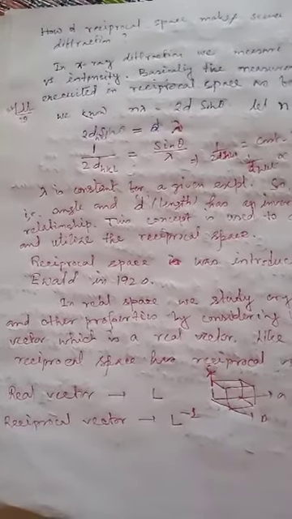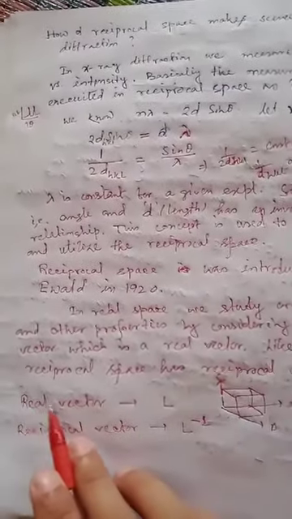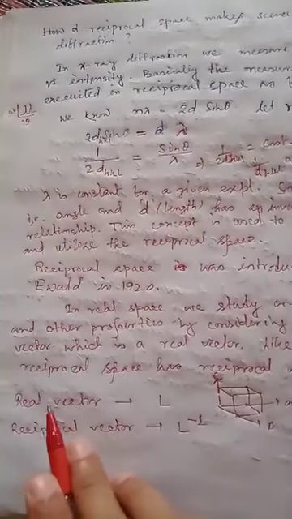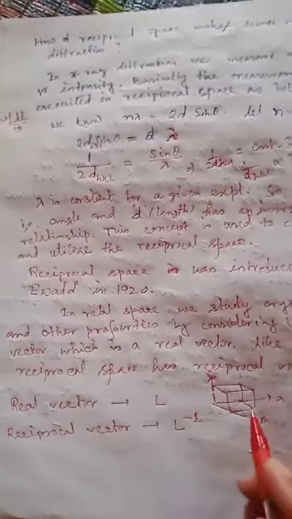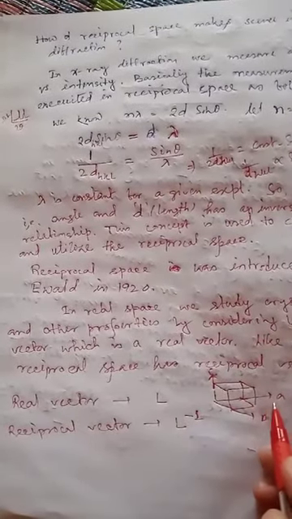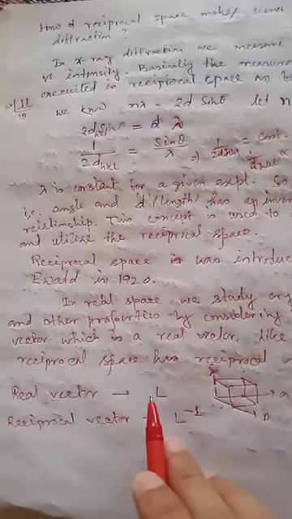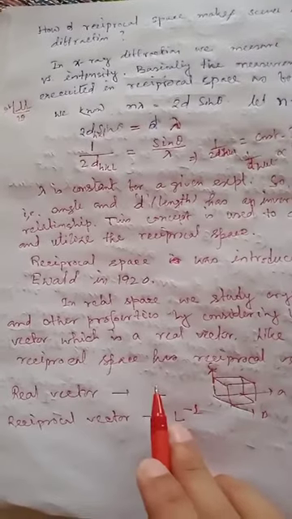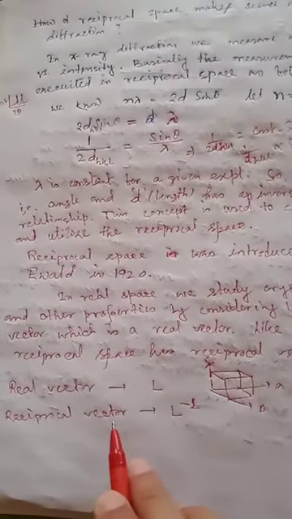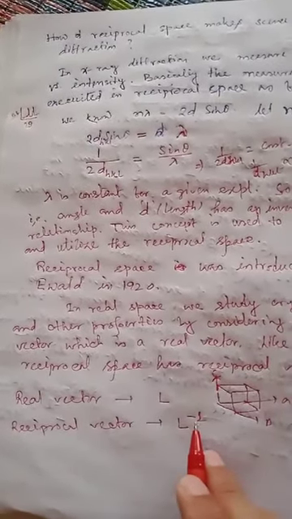Now the reciprocal. In real space we have real vectors, that is the vector representation along the x-axis, y-axis, and z-axis. These are all individually one-dimensional, so the dimension is length. But in the case of a reciprocal vector, the dimension will be inverse, so that will be L inverse.